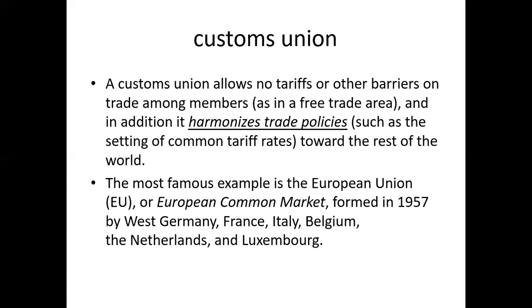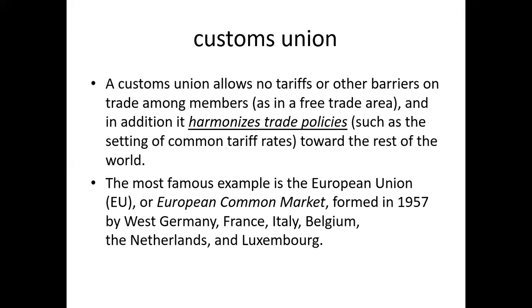A customs union allows no tariffs or other barriers on trade among members, just like in a free trade area. And in addition, it harmonizes trade policies, such as setting common tariff rates towards the rest of the world. What does it mean? Let us take the example of India, Pakistan, and Sri Lanka forming a customs union.